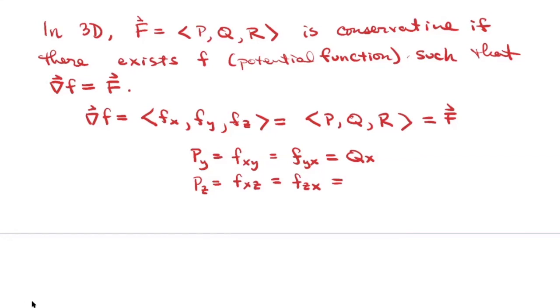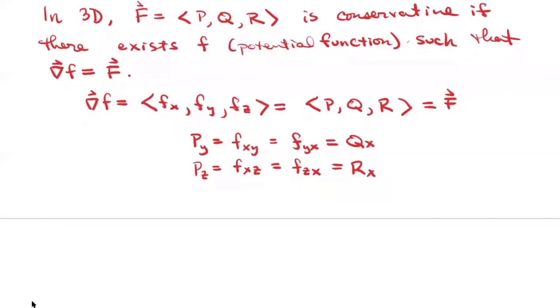That's Rx. So what other mixed partial is left? I've got Fxy, Fxz. What about Fyz? That's the only one missing. Fyz is the same thing as Fzy.